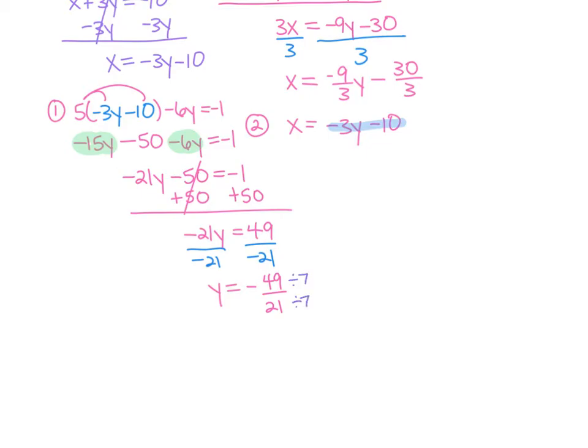Because what you do to the numerator, you have to do to the denominator in order for it to still be equal. And so that leaves us with y equals negative, and then the negative's already taken care of. So then 49 divided by 7 is 7, and 21 divided by 7 is 3. And so it's y equals negative 7/3, and that is equal to negative 2 1/3.